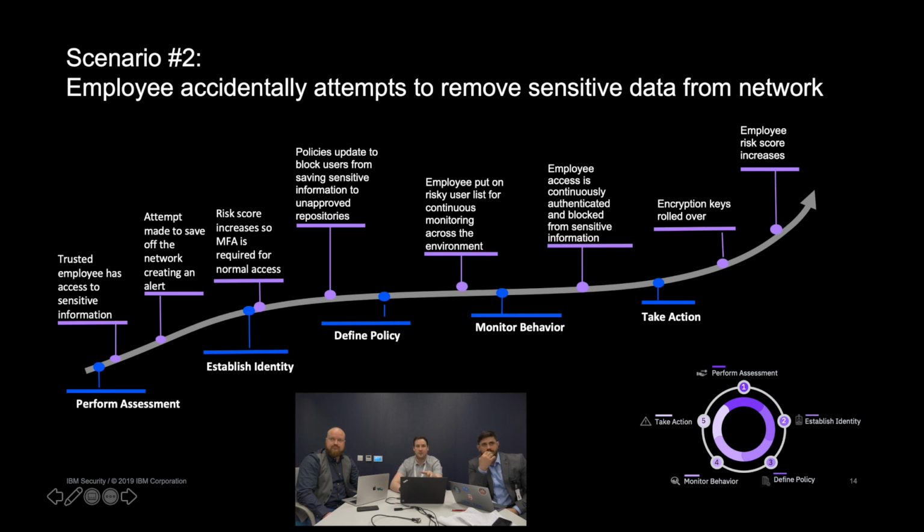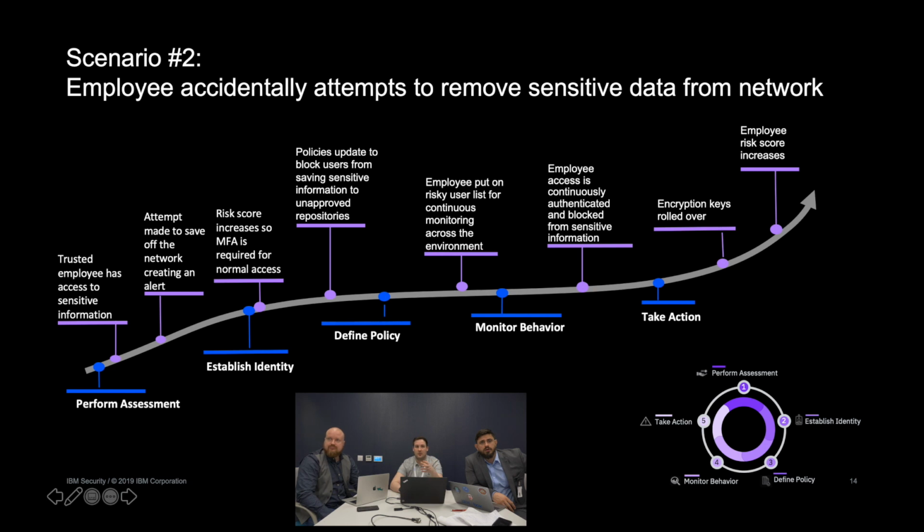And we want to monitor that user's behavior ongoing. So they move onto a risky user list for continuous monitoring across their environment, in terms of what they're accessing and what they're doing. The employee's access is continuously authenticated and blocked from that sensitive information until we can make an assessment that maybe the act wasn't particularly harmful, but we want to make sure that our data is safe and secure.